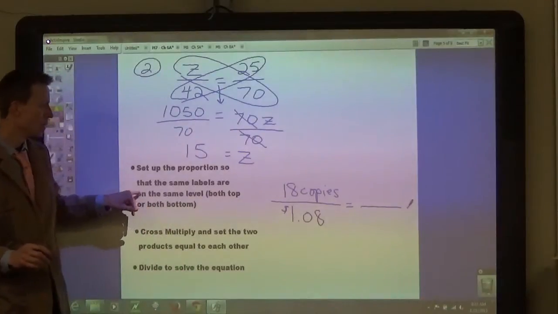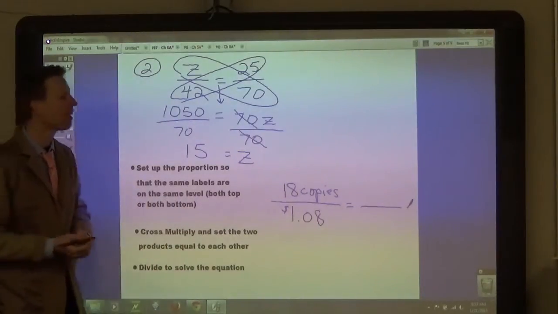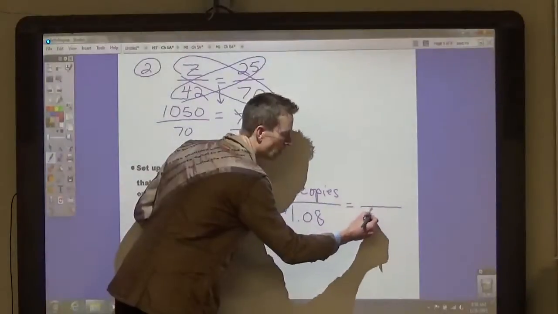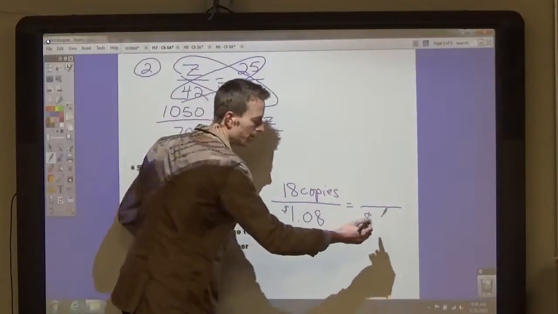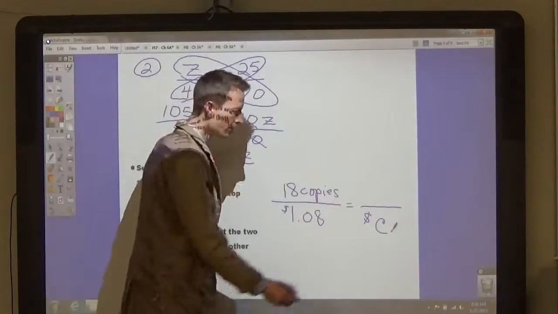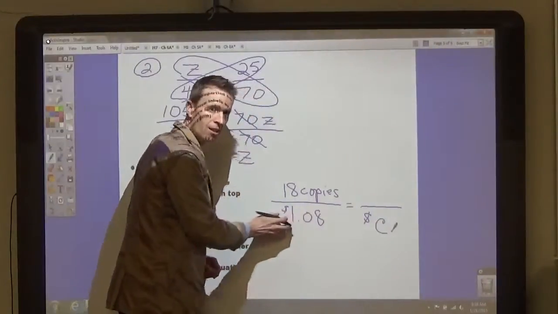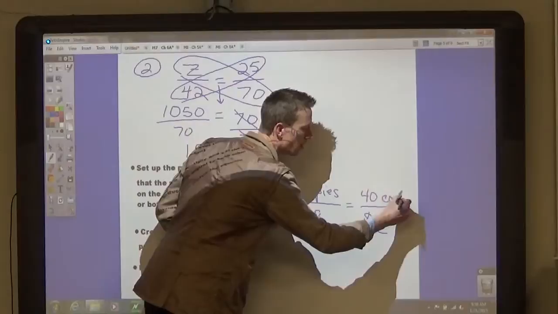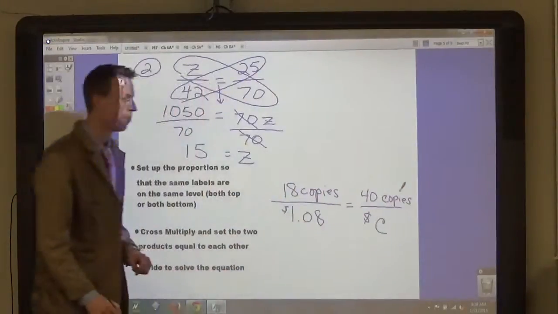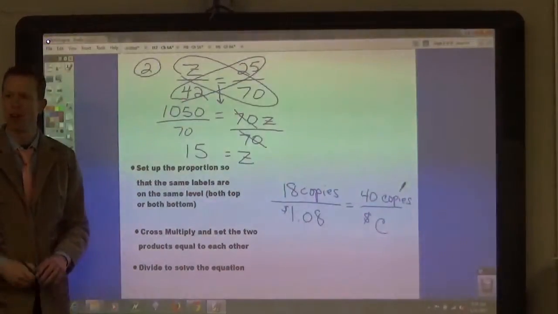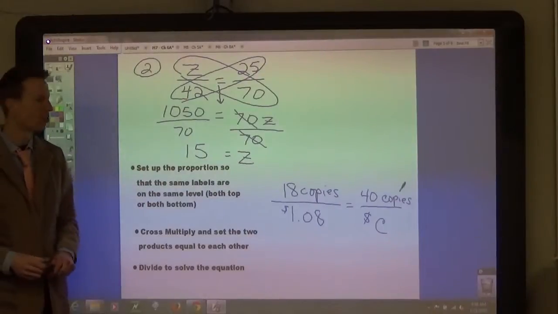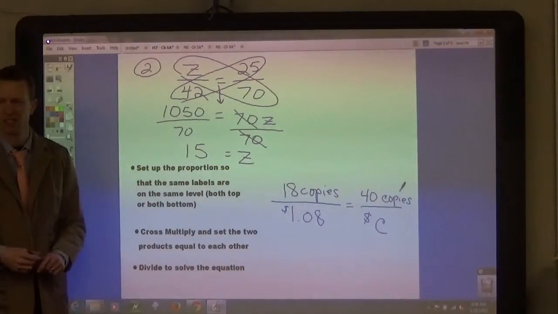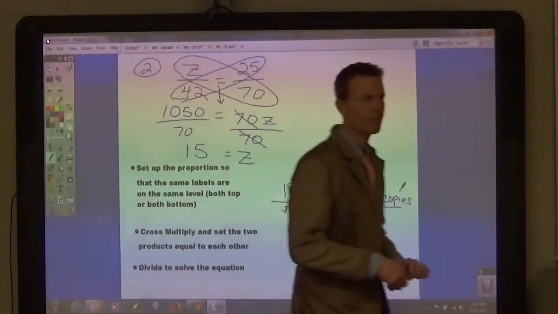But shouldn't we keep the labels on the same level? On the top, right. So the missing amount here, the cost, was on the bottom because the dollars are on the bottom. The number of copies is given to us, and we put that on the top. And then cross multiply and solve for C. Right? Any questions?